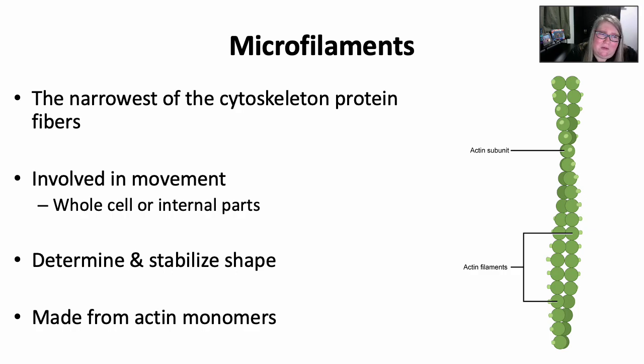But probably their most important job, other than helping to give the cell its shape and make the shape stable, is that it's going to help those vesicles move throughout the cell. So once things are done at the Golgi apparatus and we put them into those transport vesicles to go wherever they need to go, they're going to follow along the microfilaments to get to where they need to go.